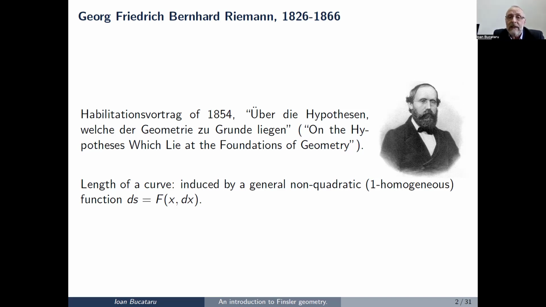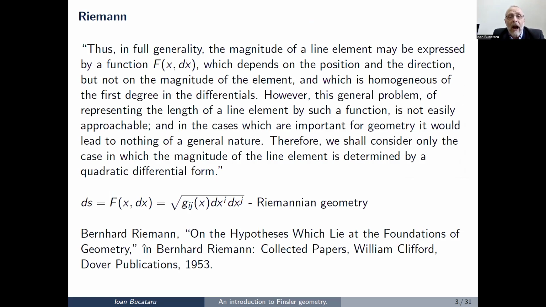Because this idea of Riemann was quite controversial over time, here I quoted the exact statement of Riemann. He said that in full generality, the magnitude of the line element can be expressed by this function of x and dx, which depends on position and direction, not on the magnitude. This is the reason why this function is one-homogeneous in dx. However, he said this general problem of representing the length of a line element by such a function is not easily approachable.